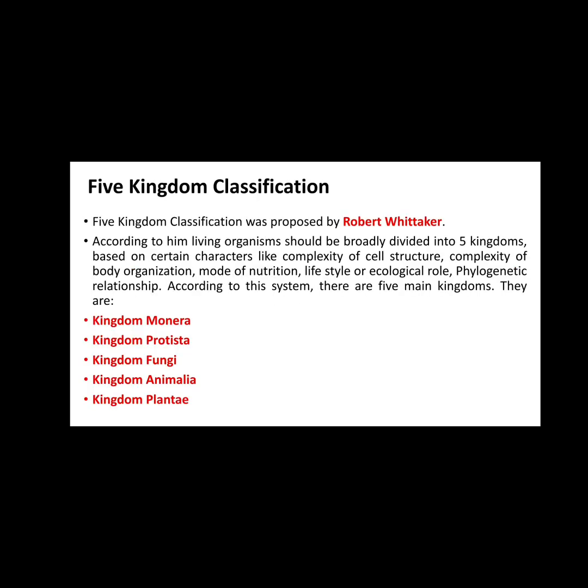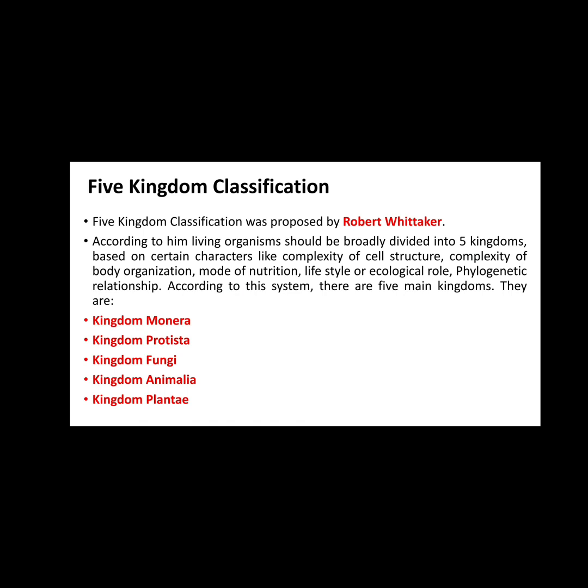Then the five-kingdom classification. It was proposed by Robert Whittaker. According to him, the whole living organism can be grouped or categorized into five kingdoms: Monera, Protista, Fungi, Animalia, and Plantae. What is his basis of classification?